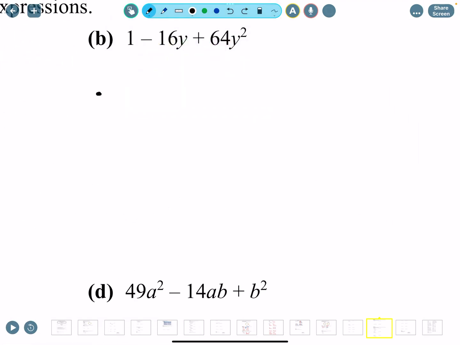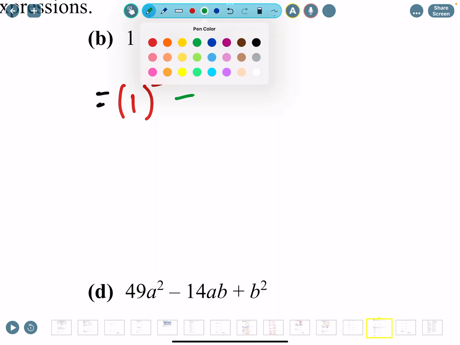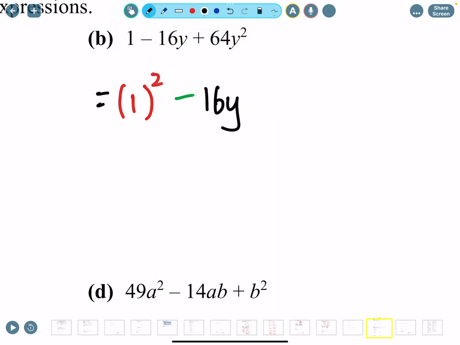Next question. Similar procedure. The 1 becomes 1 square. We have a minus this time, 16y. And then plus, this one we have to change to a bracket square. So 64, if you don't know which number, you can always check. The square root of 64 is 8. So that tells you that 8 squared will be 64. And just put a y next to 8.